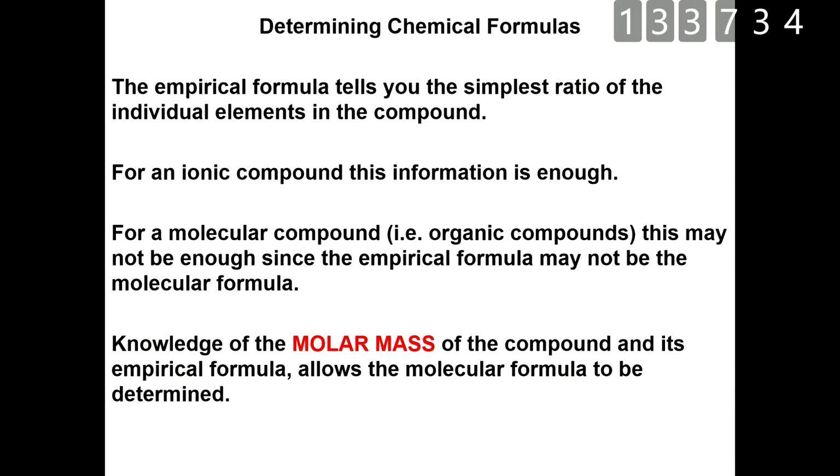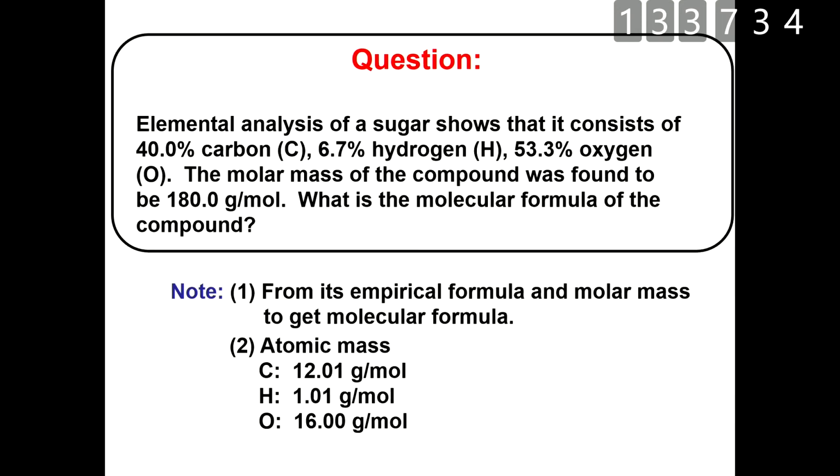When we know its molar mass and also its empirical formula, then we can figure out its chemical formula. So besides the empirical formula, we also need to know its molar mass, and then we can get its chemical formula.